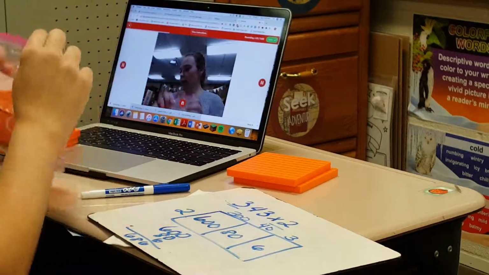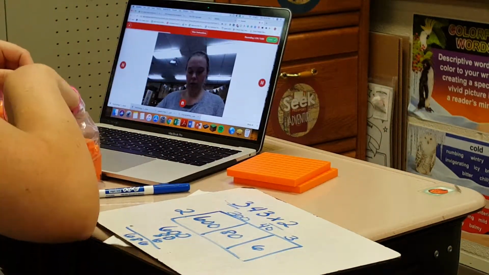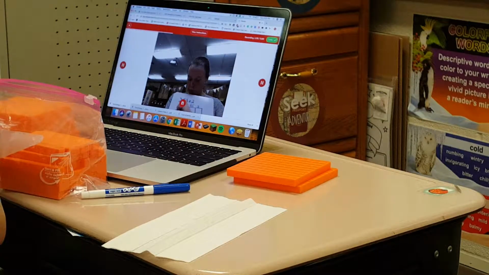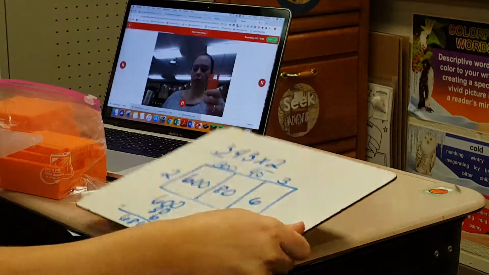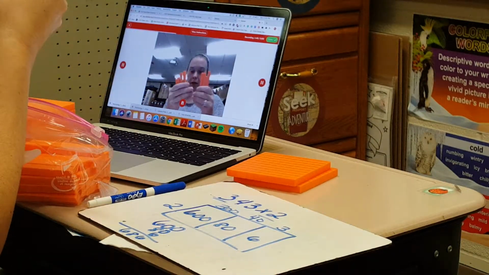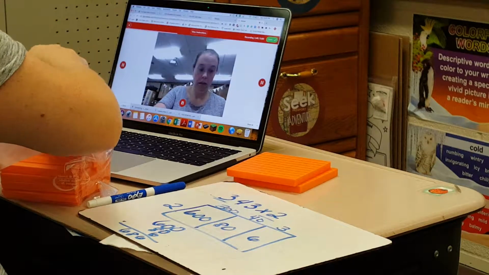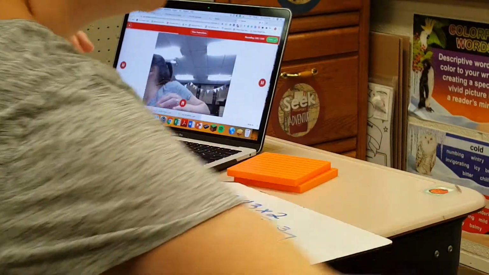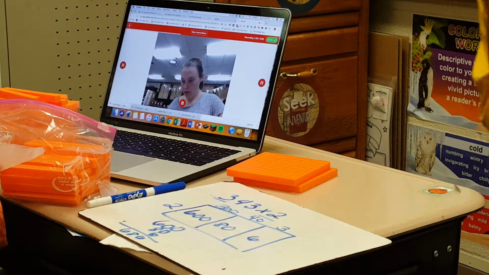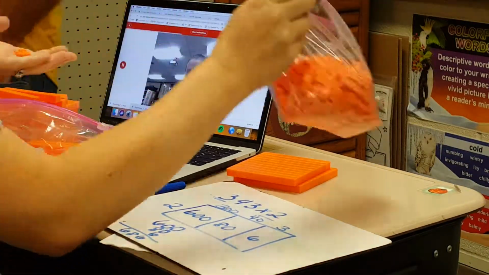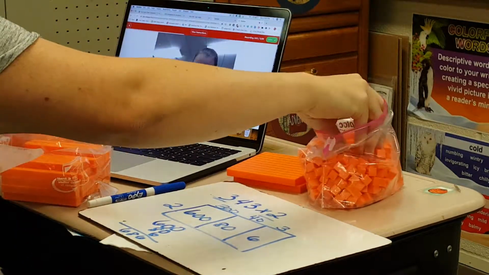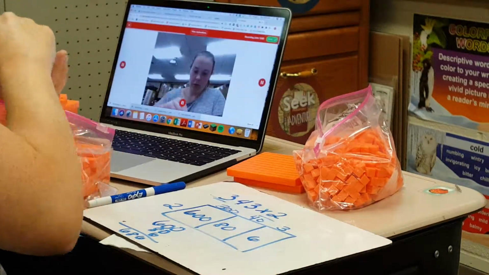And then I have an original 4 groups of 10, and I'm doing that 2 times, which would get me 80. And then I had a group of 3, and we're doing 2 groups of that, which would get me 6.